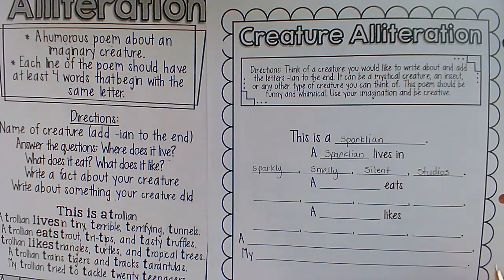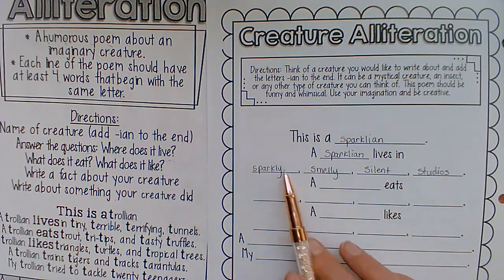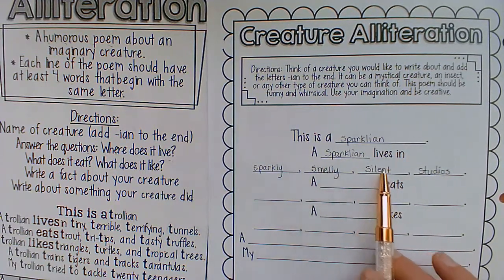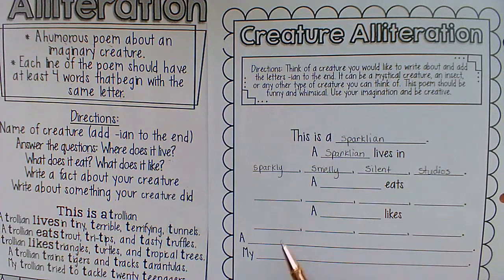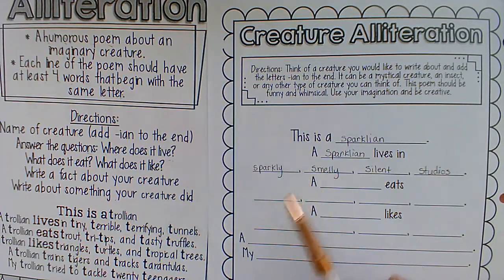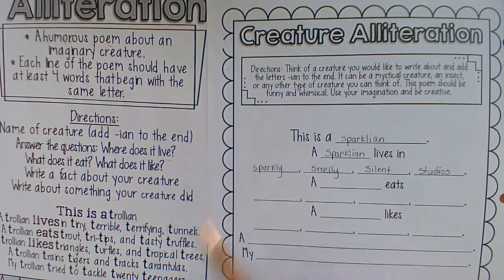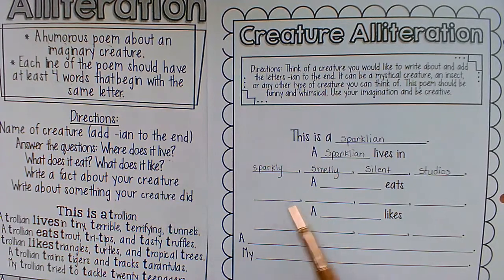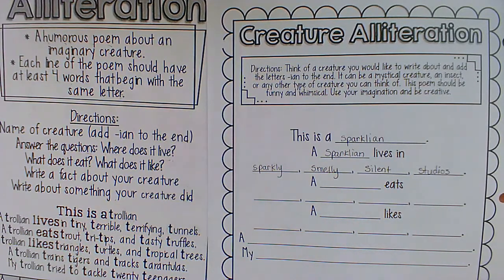Take a moment, or more than a moment, to come up with your words. If you have Google or you have your computer handy, you can also look up adjectives that start with S or R or whatever your letter is. All right, pause the video now.